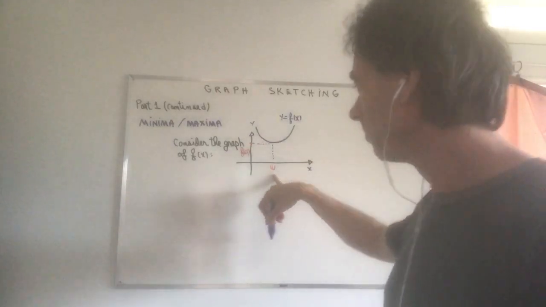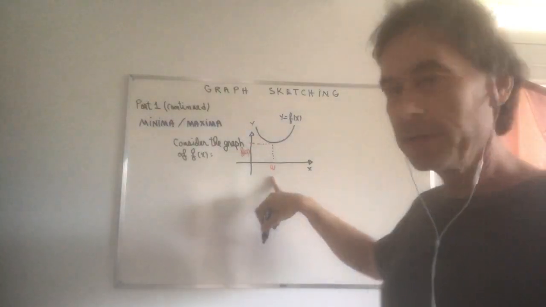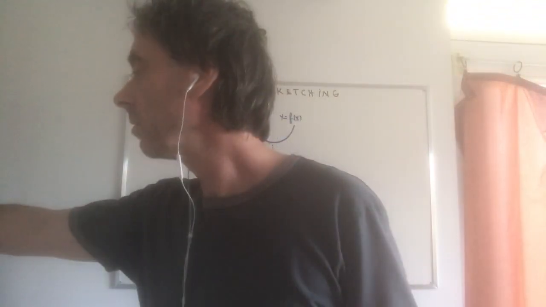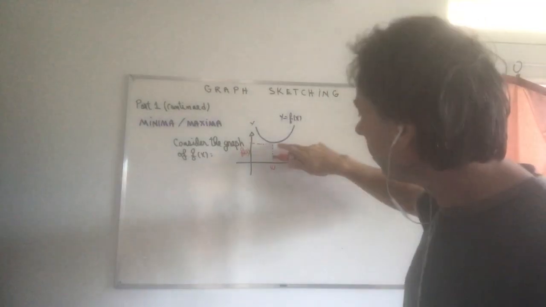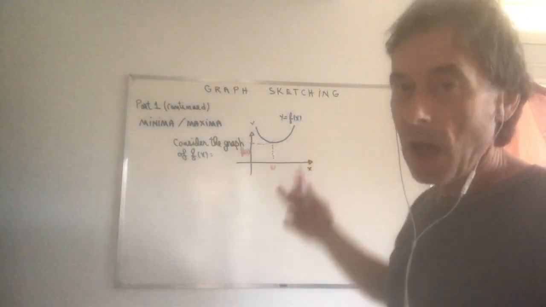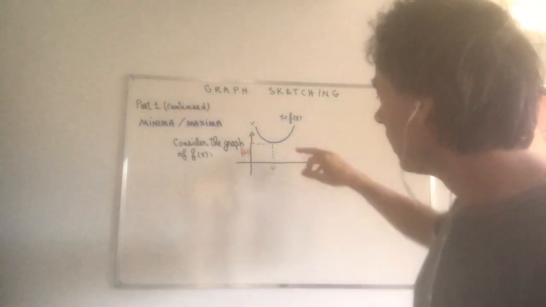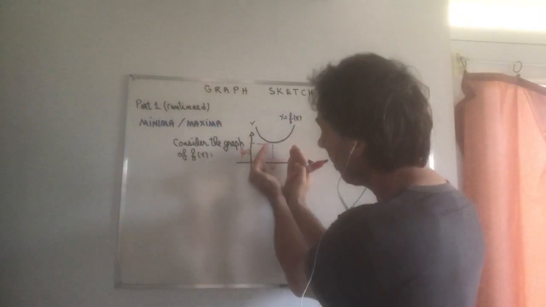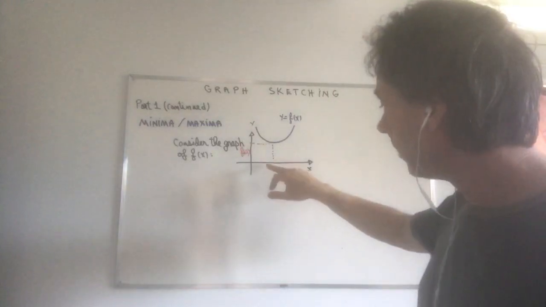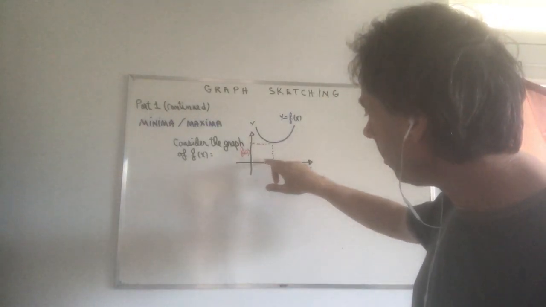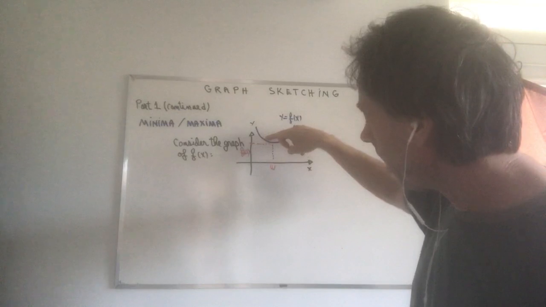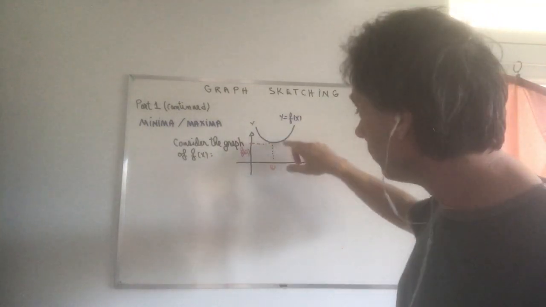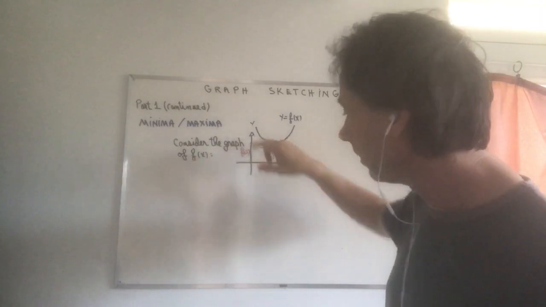Okay, so look at that point. That's the central point of the discussion today. X equals a is called, for this function, a local minimum. I think the picture speaks for itself. It's the lowest point around. So if I take a small interval around a, and I look to the left of a, all the y values will be higher than f of a. And if I go to the right, all the y values will be higher than f of a.